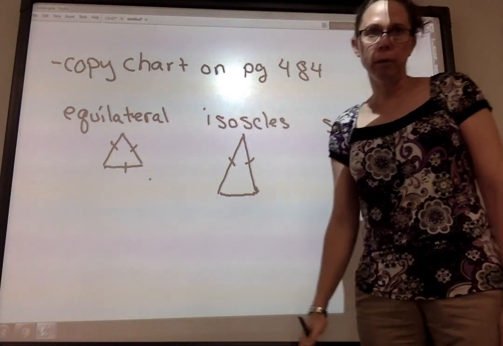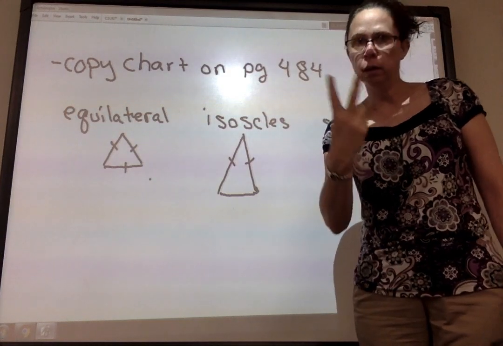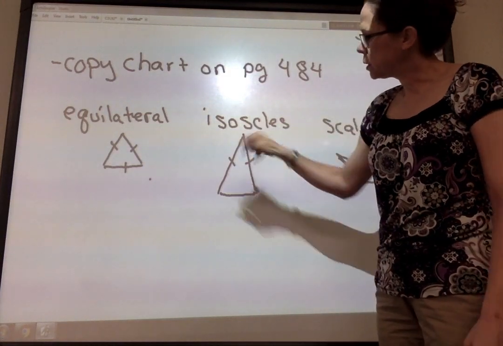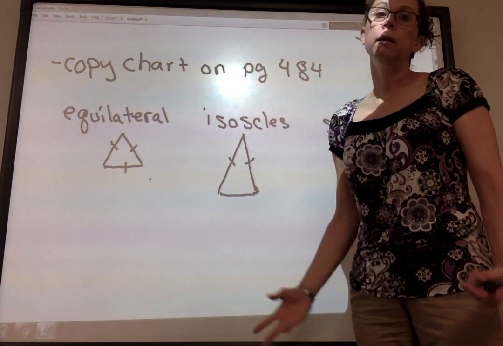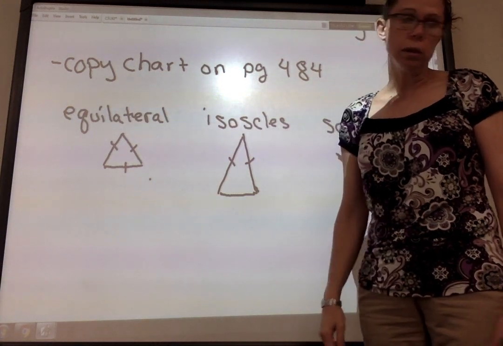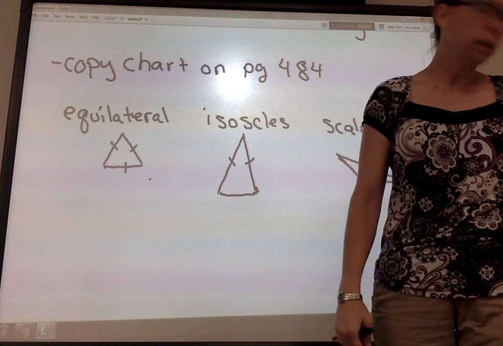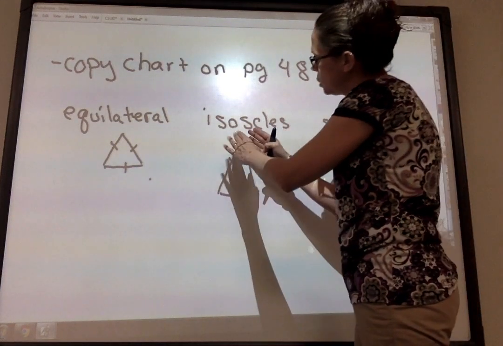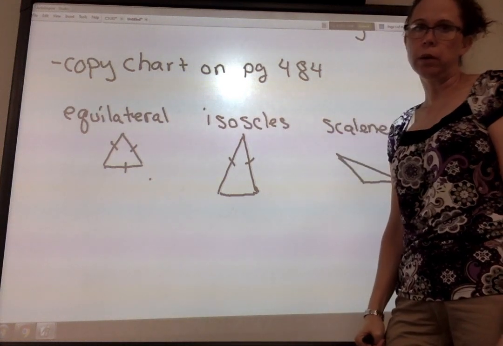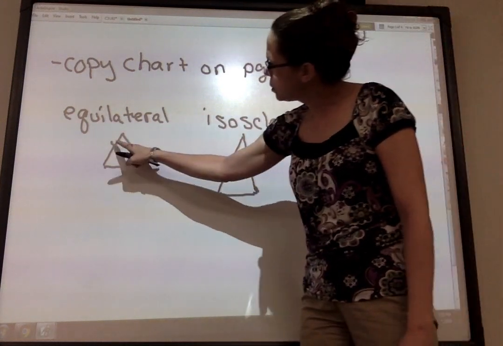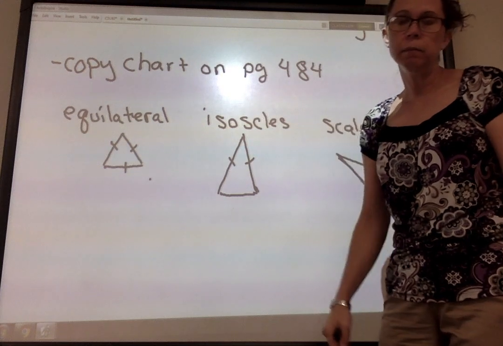Isosceles, the way Mrs. Dern remembers this one is I have two eyes. Isosceles triangles have two sides that are the same length. That means they have two angles that are the same measure, okay? Now we really say an isosceles triangle has at least two sides that are the same measure. Now you'll see these little tick marks that I've put on the sides, okay?